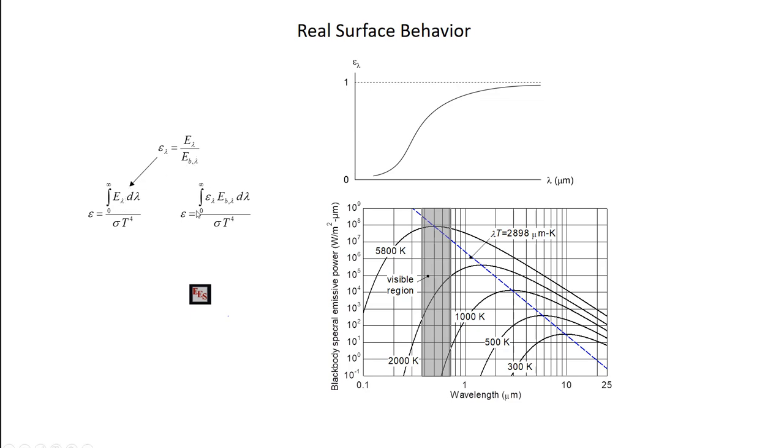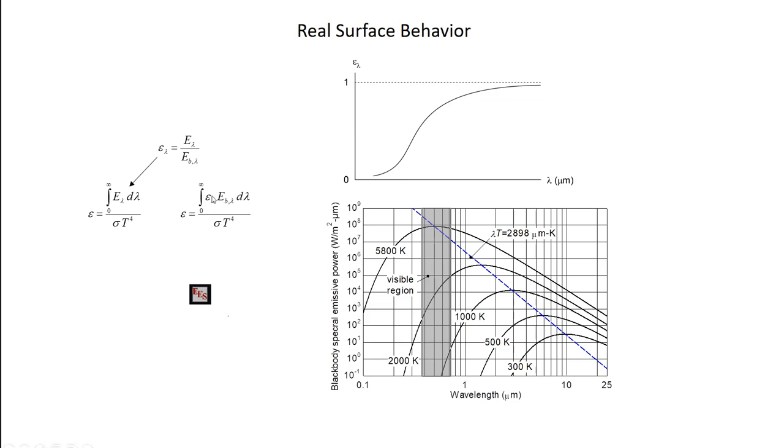So this is the black body spectral emissive power, and this is my hemispherical emissivity, and I have to integrate that over all wavelengths. If the hemispherical emissivity was just 1, then on the top here I get sigma T to the 4th over sigma T to the 4th. That's just going to be 1, which makes perfect sense, right? If my hemispherical emissivity is 1, then my total hemispherical emissivity also has to be 1.